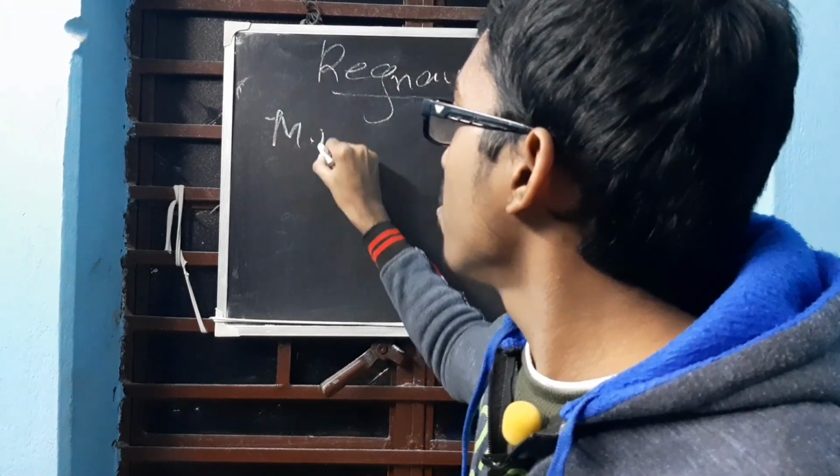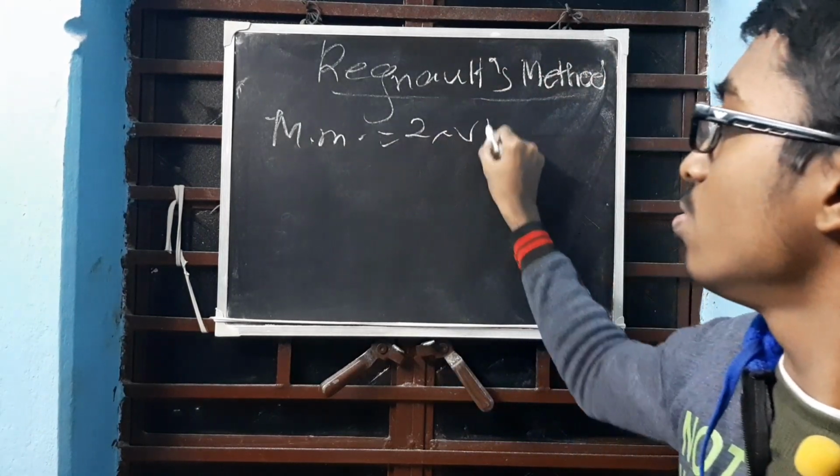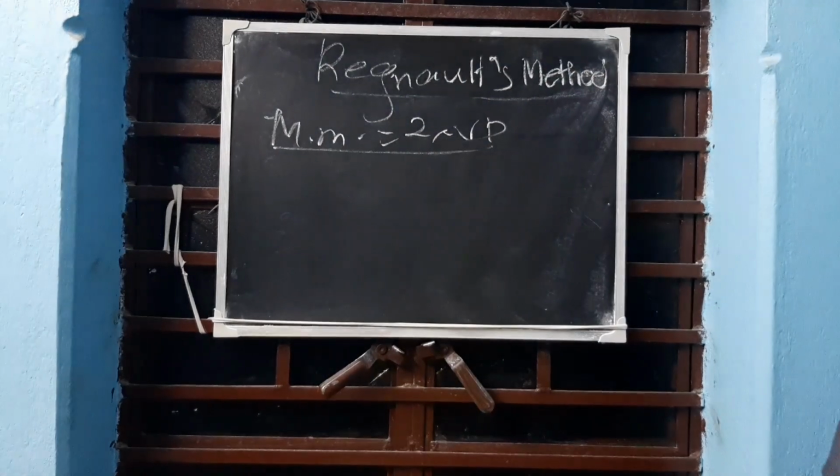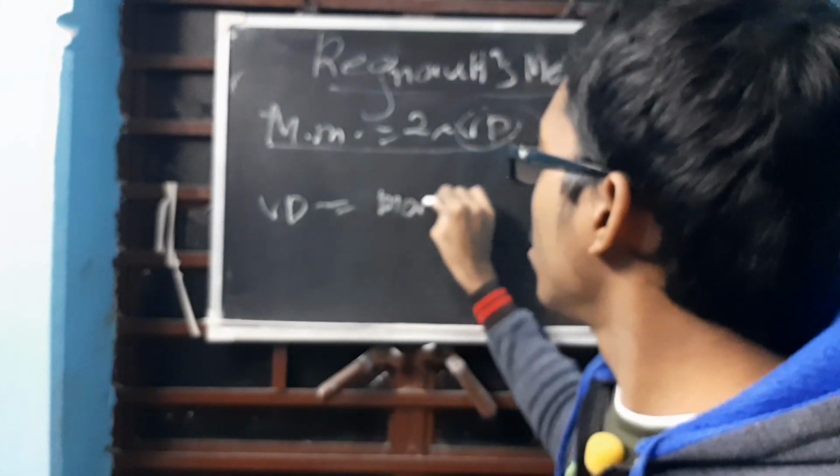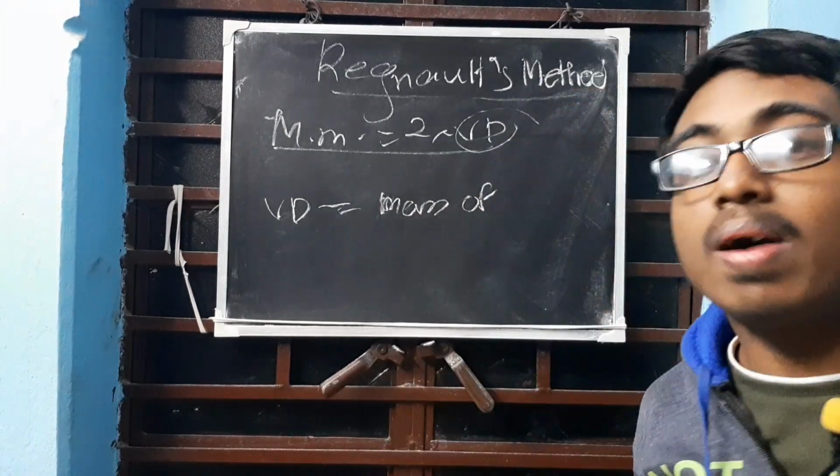What did Regnault state? That molecular mass is equal to twice into vapor density. Very much true. How will you get vapor density? Vapor density is the mass of vapor. Mass of how much vapor?